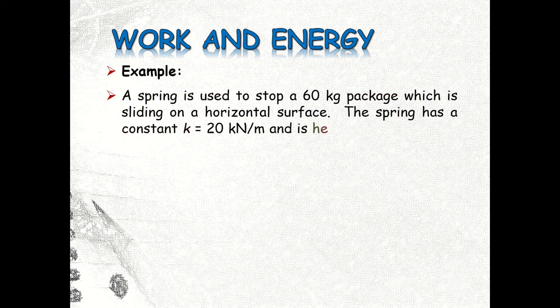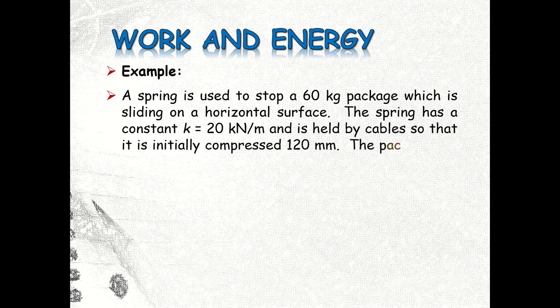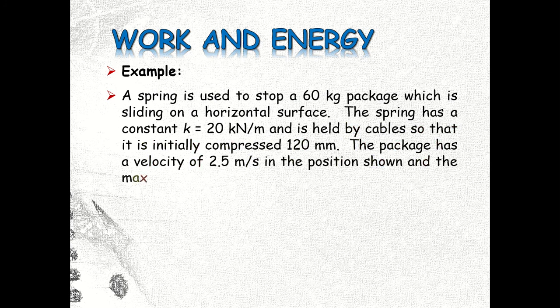A spring is used to stop a 30 kilogram package which is sliding on a horizontal surface. The spring has a constant k equal to 20 kilonewton per meter and is held by cables so that it is initially compressed 120 millimeter. The package has a velocity of 2.5 meter per second in the position shown.